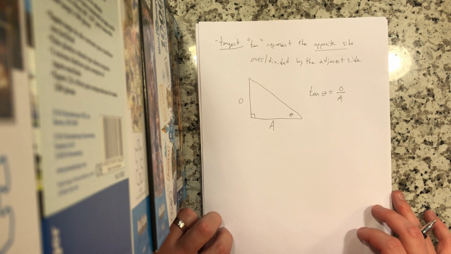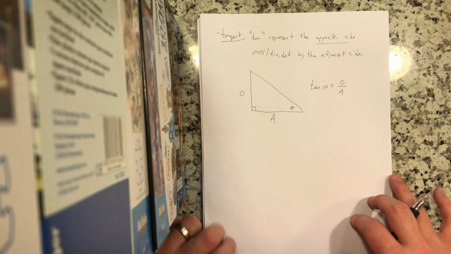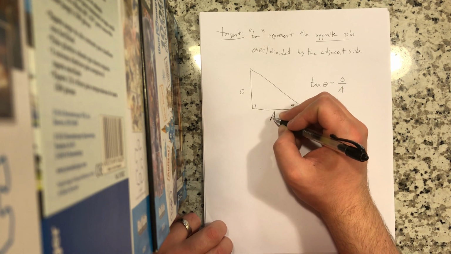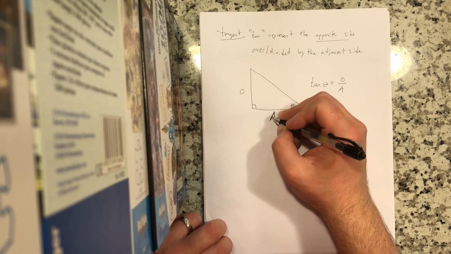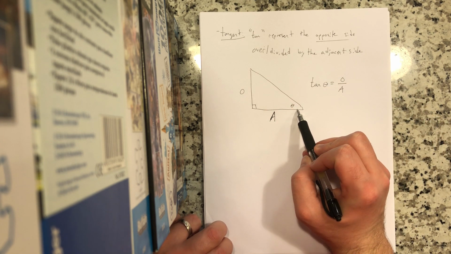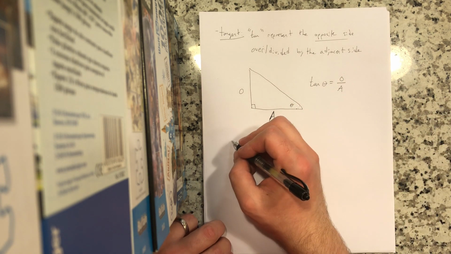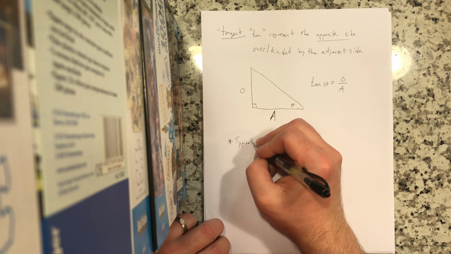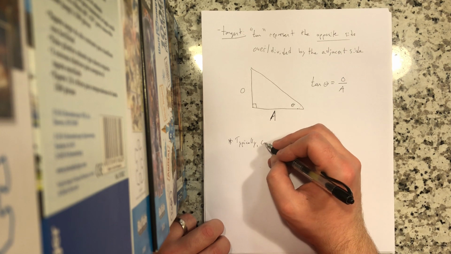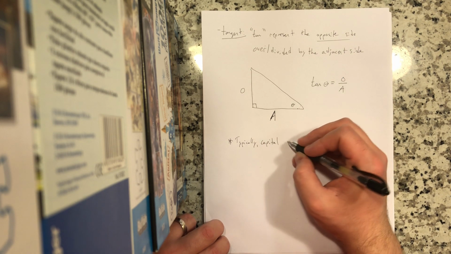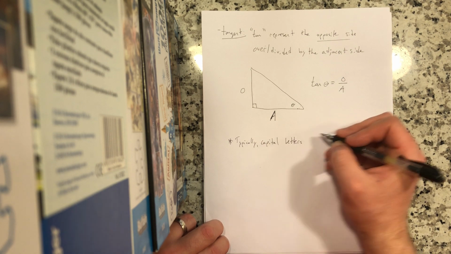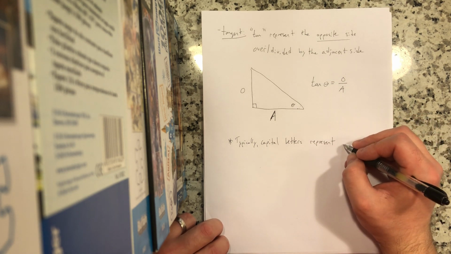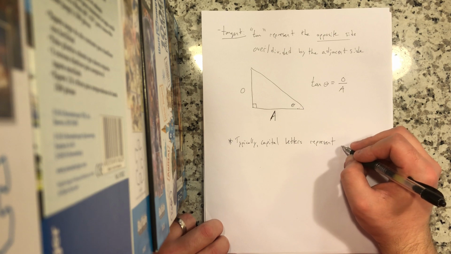So what you might also see here is different letters to represent these angles. Typically, and I'll just make a note for you here, capital letters represent the angles or the vertices.